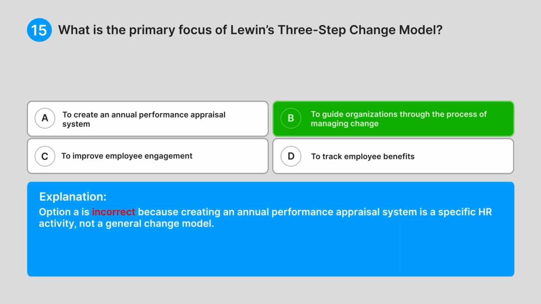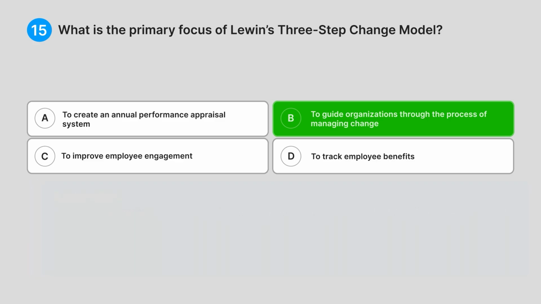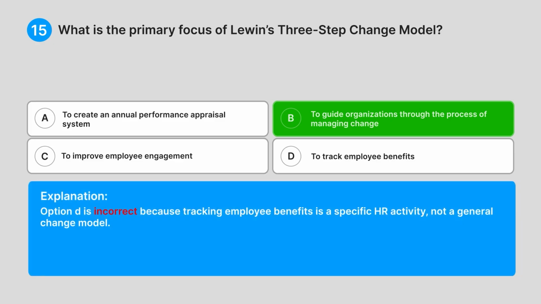Option A is incorrect because creating an annual performance appraisal system is a specific HR activity, not a general change model. Option C is incorrect because improving employee engagement is a specific HR activity, not a general change model. Option D is incorrect because tracking employee benefits is a specific HR activity, not a general change model.